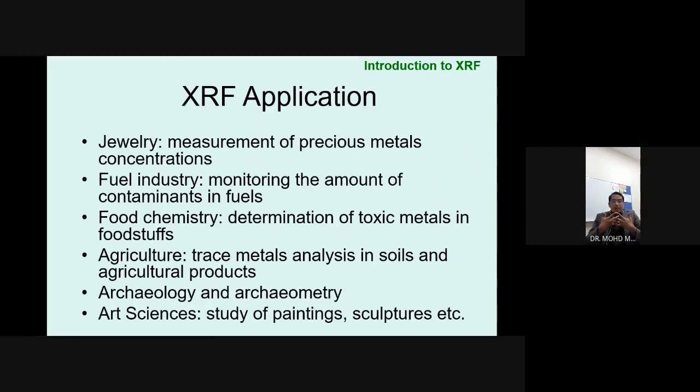But XRF is an alternative for giving some sort of information. This will highly possibly be accurate to a certain extent. But here, what we are focusing on is that we want to compare the gold from one manufacturer to another.